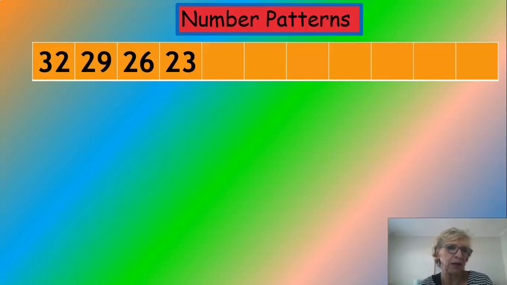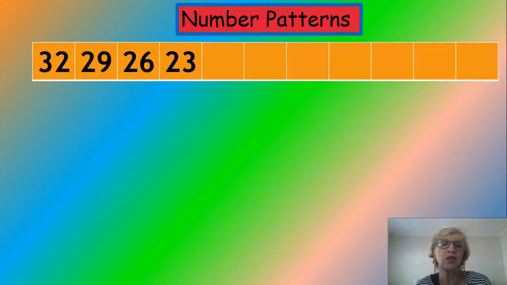Well, the numbers are getting smaller, which means I need to understand by how much each number is getting smaller. If I look at 32, it's jumping down to 29. So it's getting smaller by 3 each time. 29 minus 3 is 26.